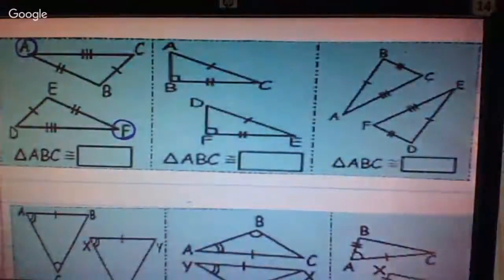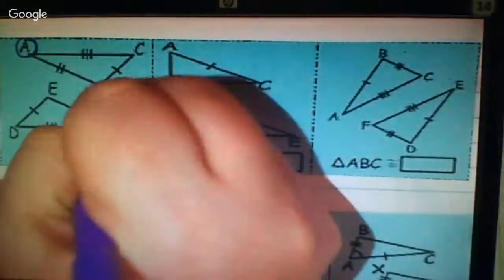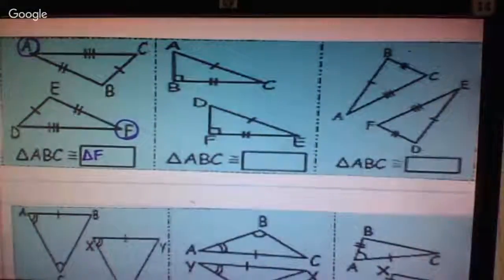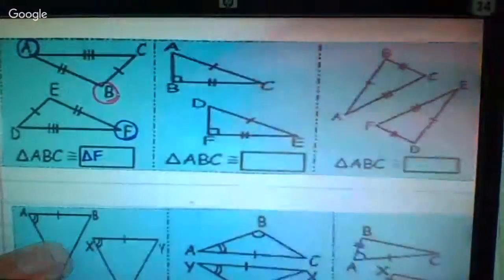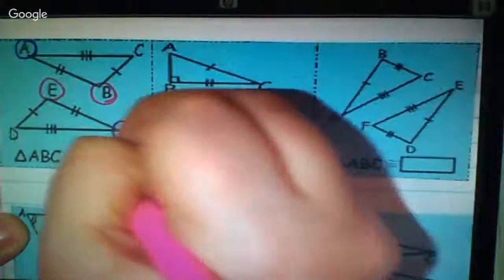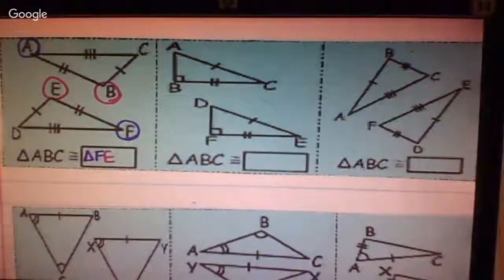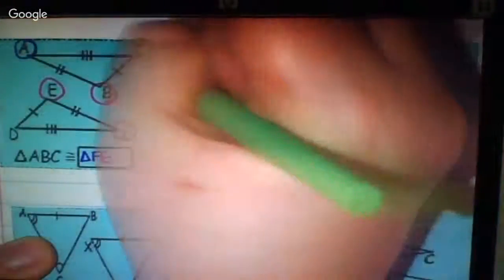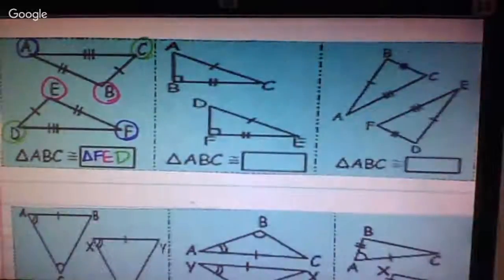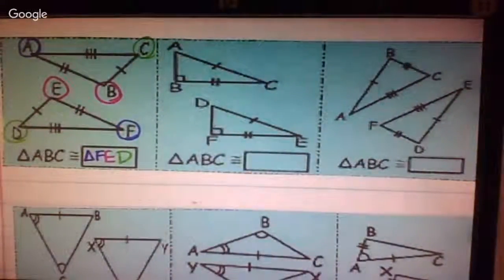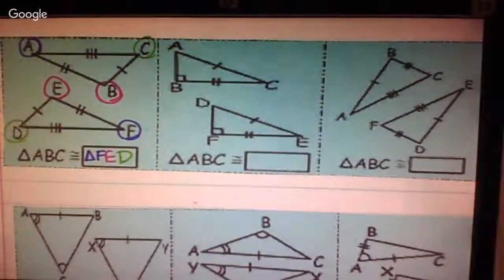F. So F and A go together. My next one is B. B is in between 1 and 2. So that goes with E. And C matches with angle D. So triangle ABC is congruent to triangle FED.